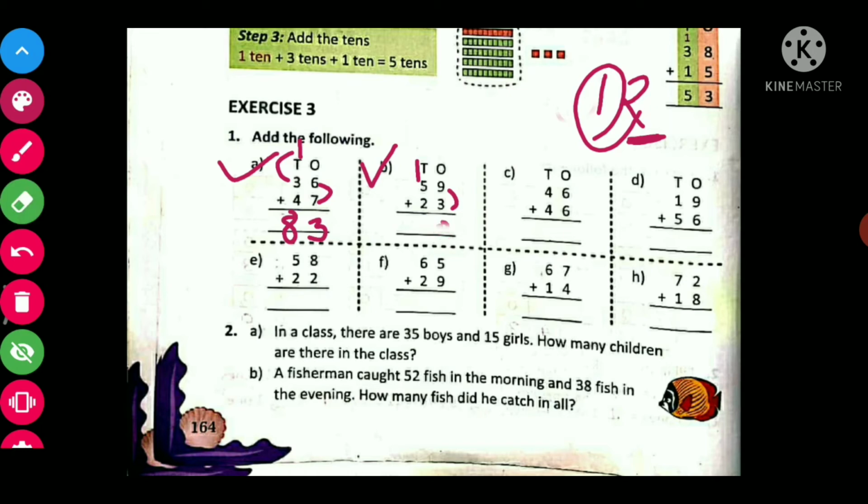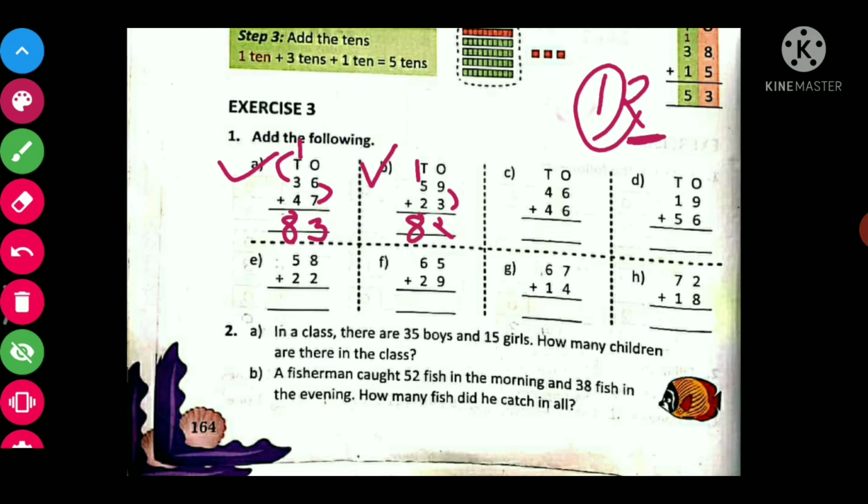Now see the tens place value. So 1 plus 5, it will be how much? 6. 6 plus 2? 8. So we'll write 8 here.